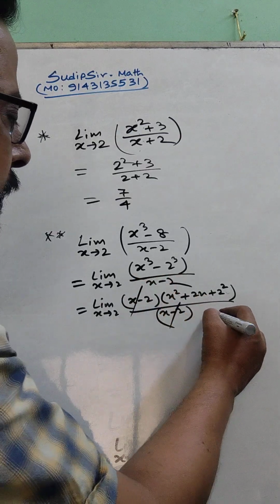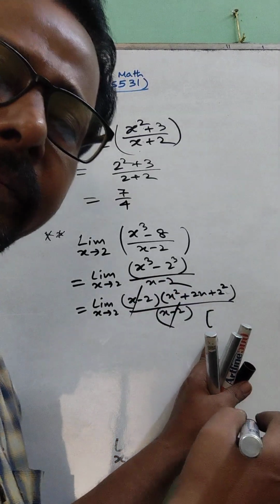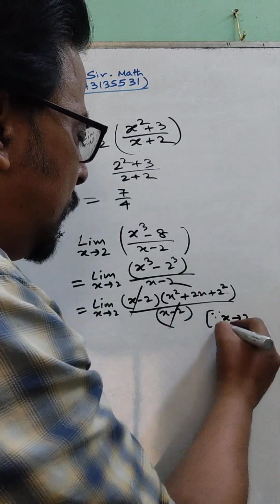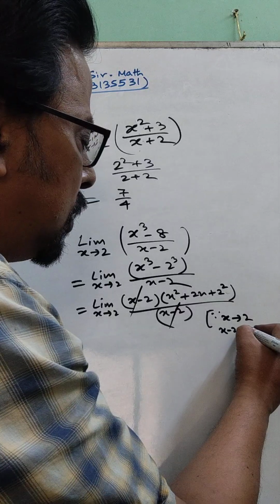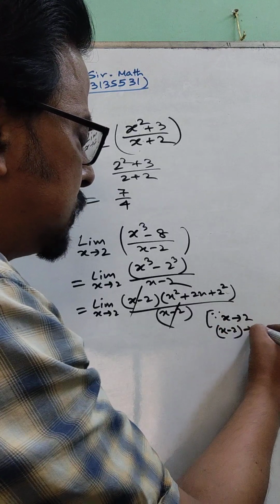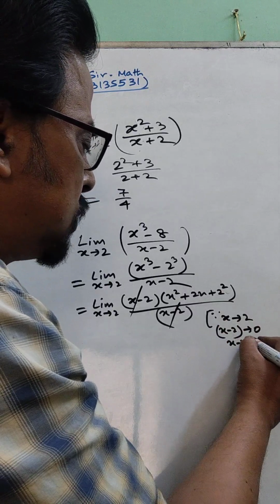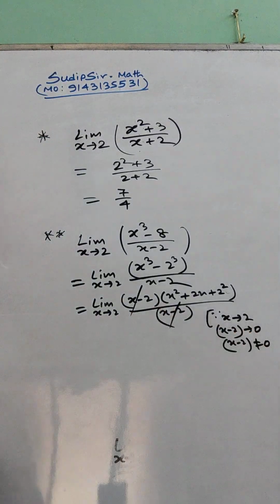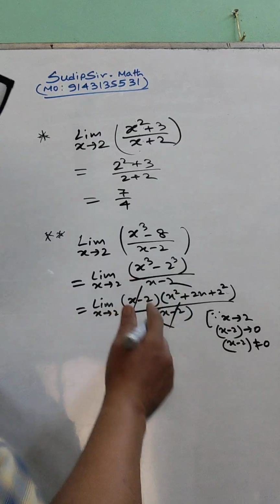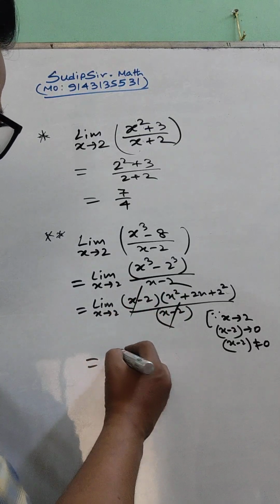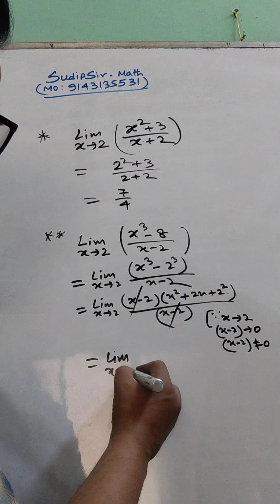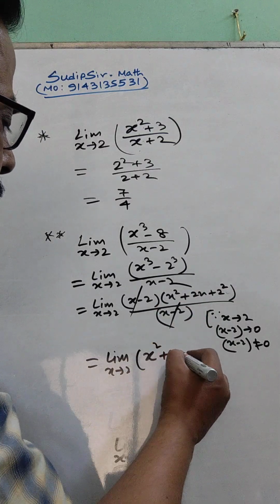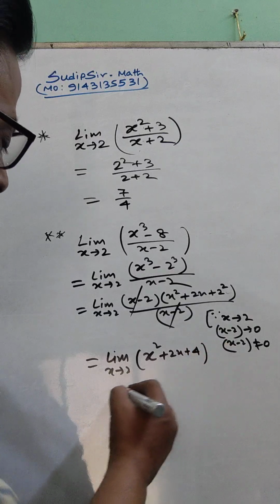Now cancel this, and you have to give the note that since x tends to 2, x minus 2 tends to 0 but x minus 2 is not equal to 0, that's why we can cancel this. Then your limit becomes limit x tends to 2 of x square plus 2x plus 4.